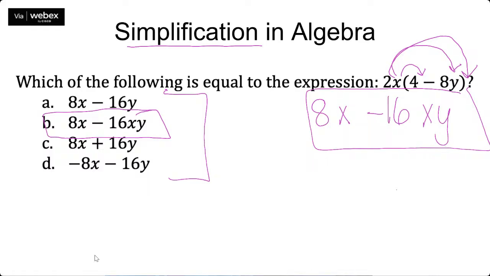Okay, so let's try another one. Let's try 4p times 3 minus 7r. When you have the answer, drop it in the chat box.